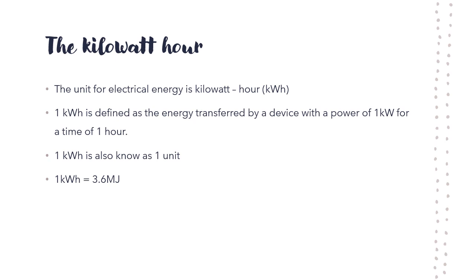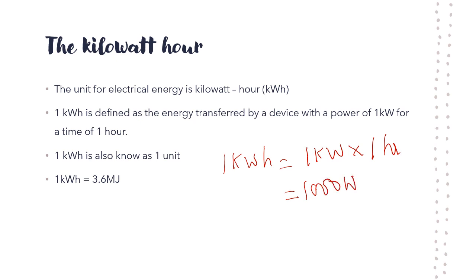1 kilowatt hour is equal to 3.6 megajoules. We can prove that. So 1 kilowatt hour means power is in kilowatt and time is in hour, right? But when we talk about joules, power has to be in watts. So 1 kilowatt is how many watts? 1000 watts. And when we talk about joules, hour has to be in seconds.